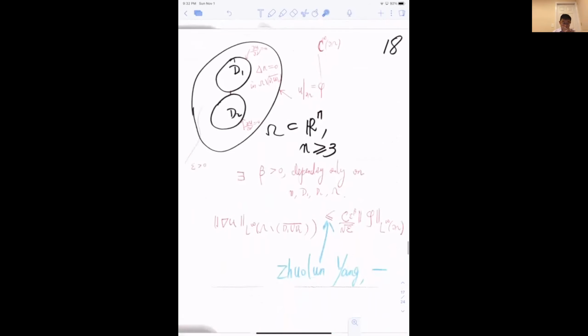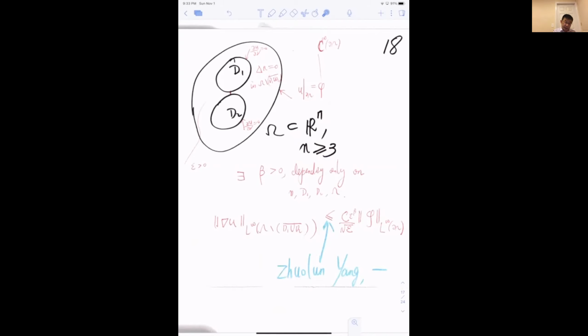So here, I will describe a recent work with Zhouping Xin, a current student of mine. We look at this situation in R3 and try to understand whether or not the rate is sharp. It turns out that we prove that it's not sharp. One can actually improve it.